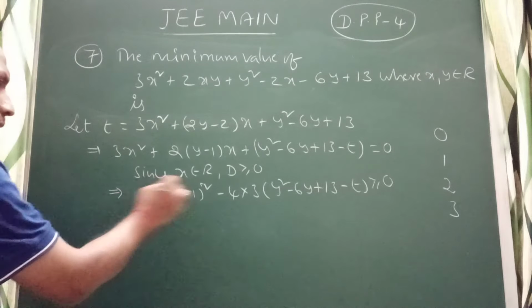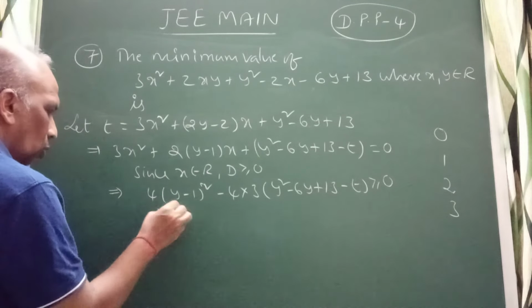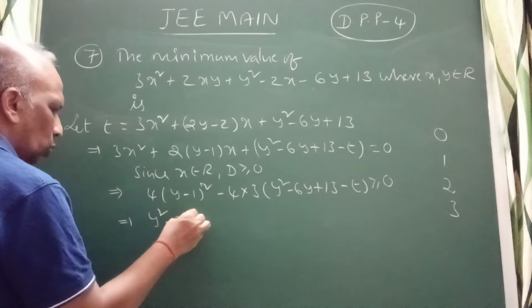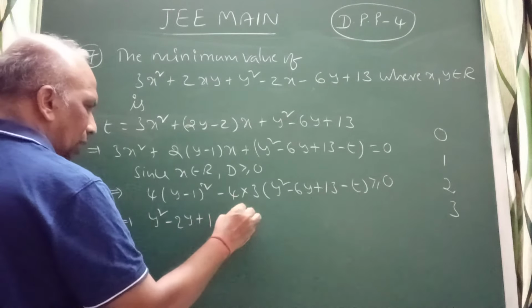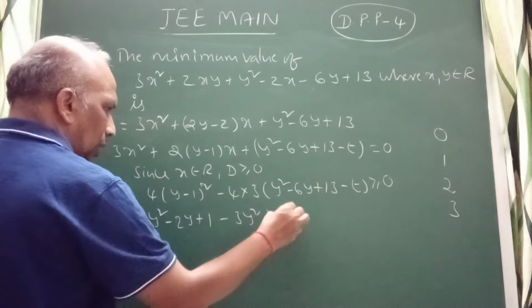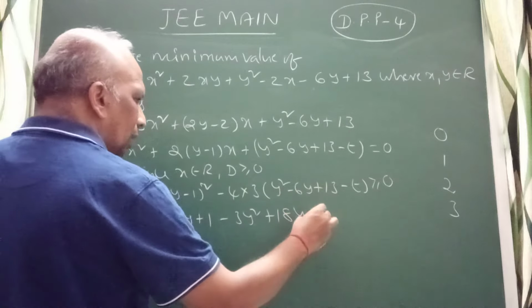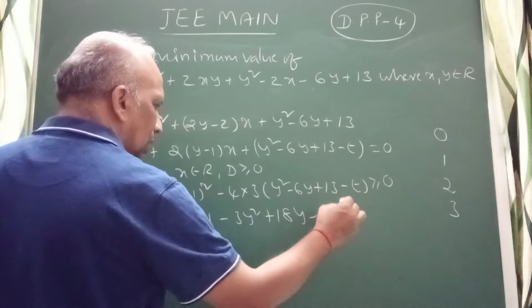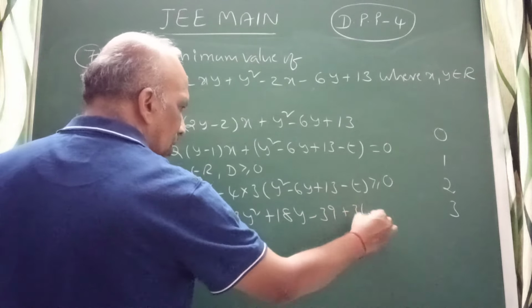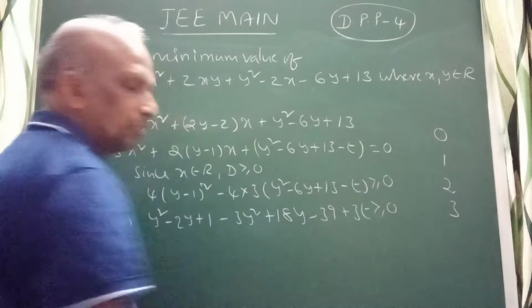Now if you expand this, eliminating 4, y² − 2y + 1 − 3y² + 18y, you will get minus 39, you will get plus 3t greater than or equal to 0.